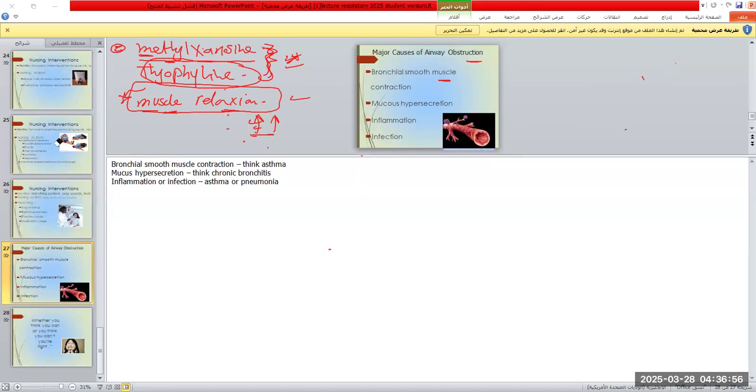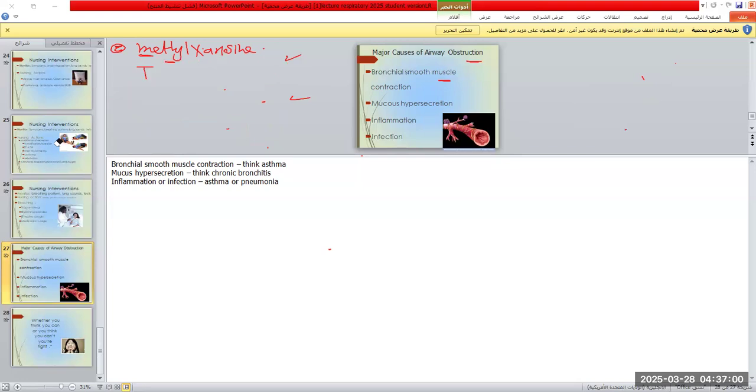The second thing is that it's found in some drinks like coffee. So if the patient drinks too much coffee, this may affect the drug and increase its toxicity.